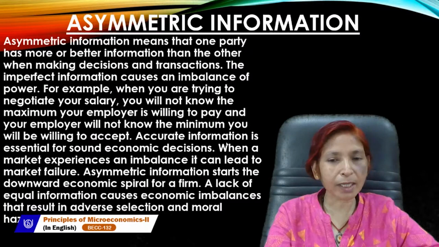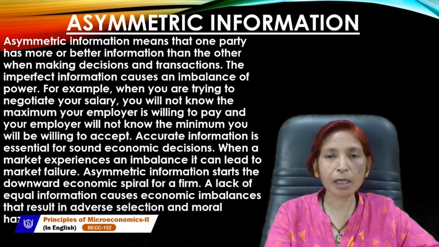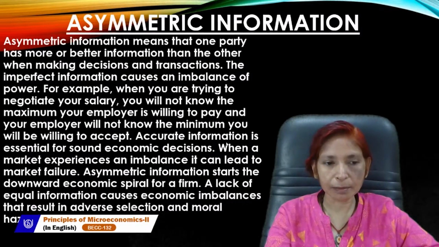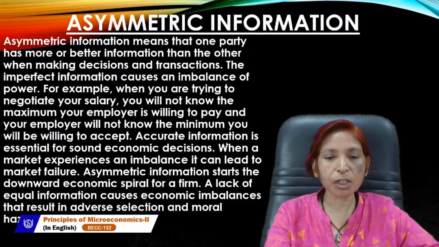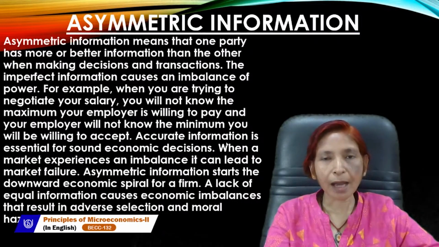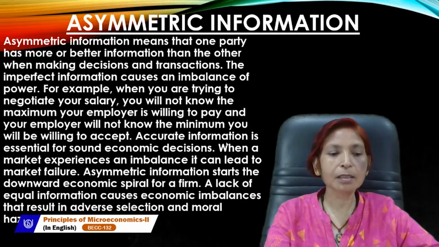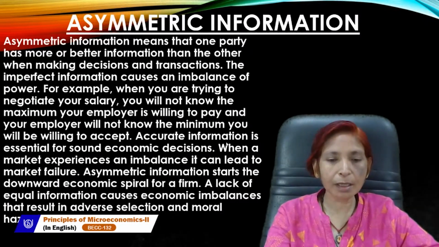Accurate information is essential for sound economic decisions. When a market experiences an imbalance, it can lead to market failure. Asymmetric information starts the downward economic spiral for a firm. A lack of equal information causes economic imbalances that result in adverse selection and moral hazards.